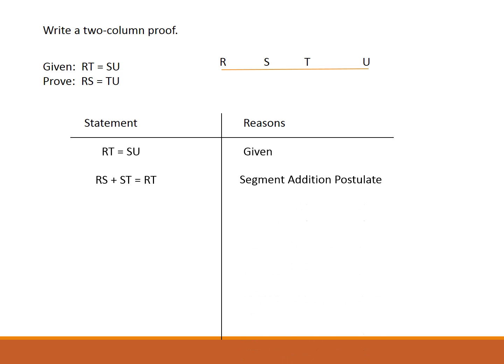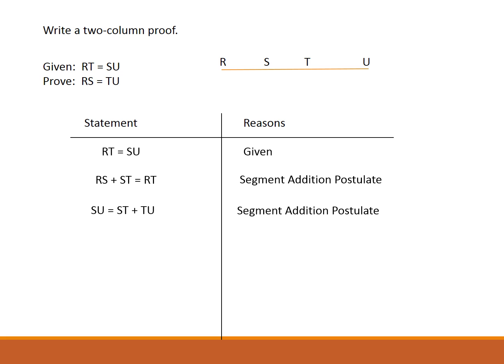That's segment addition postulate. Let's do it again for the other side. So what would that be? ST plus TU equals SU. Segment addition postulate. Okay, now we've got RS and TU in our proof.